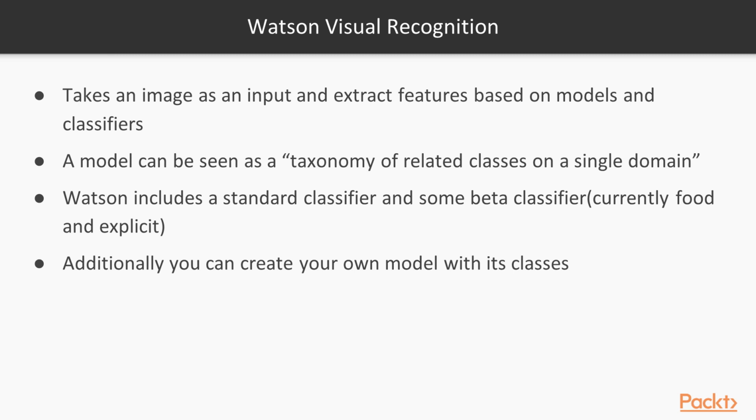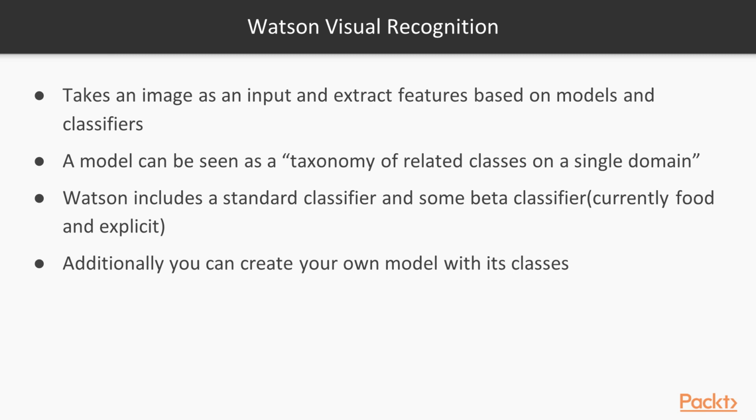These are called classifiers. So in some way, a model can be seen as a taxonomy or related classes on a single domain. So, for example, when we were talking about natural language processing in Watson Assistant, if you remember from previous videos, we had a workspace, and inside this workspace, we designed a set of intents.